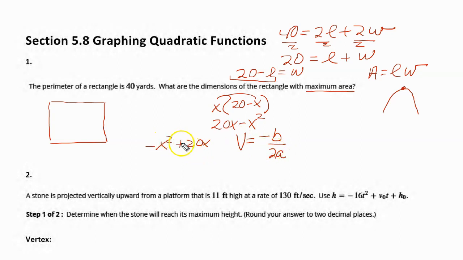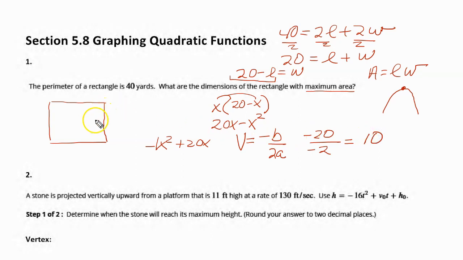Now, let's see if you can figure out what the vertex would be as we pause. All right, so -b would be -20. Our a is -1, so -1 times 2 is -2. And when we simplify this, this is 10.